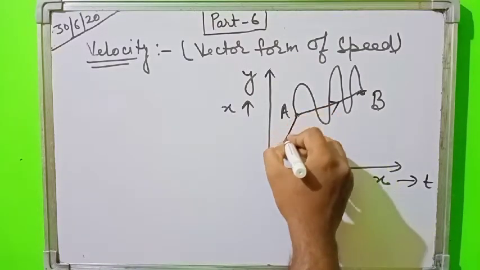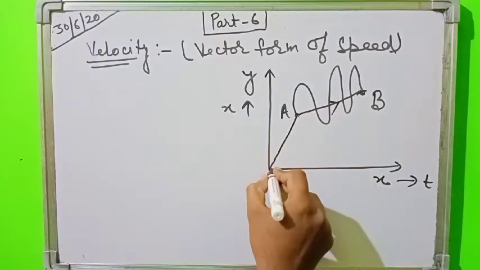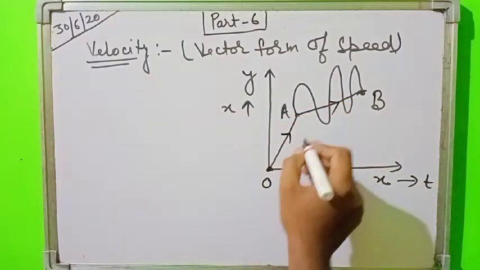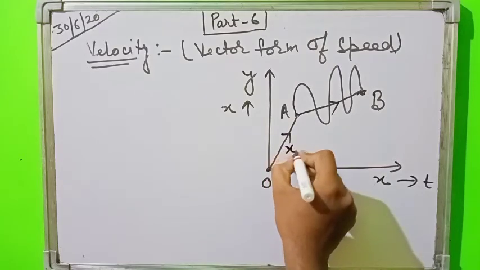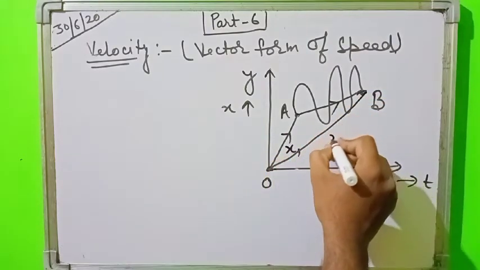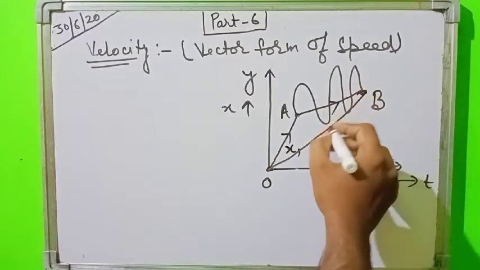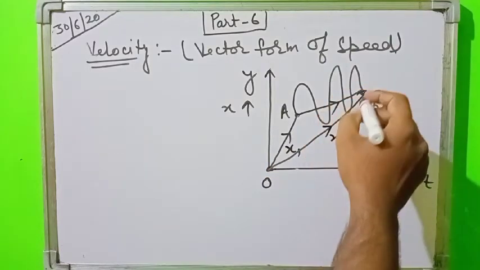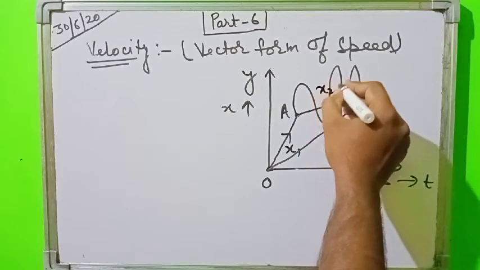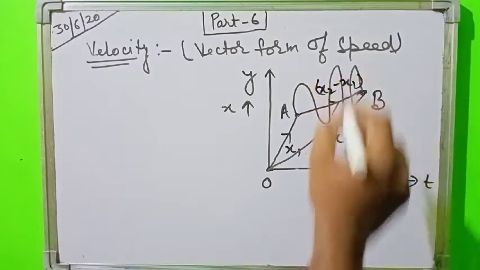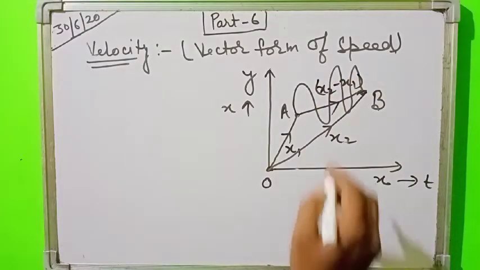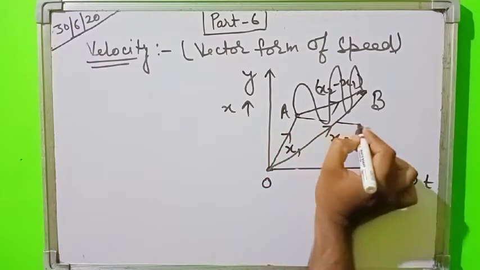Suppose from the origin the position vector is x1, and from the origin the position vector is x2, then the displacement is the final position x2 minus x1.